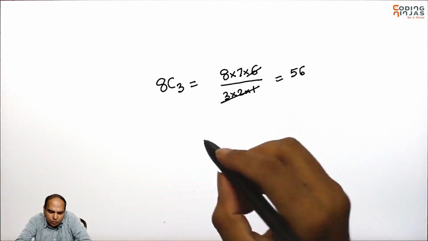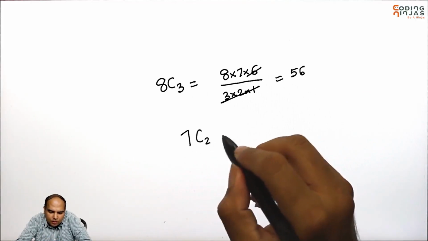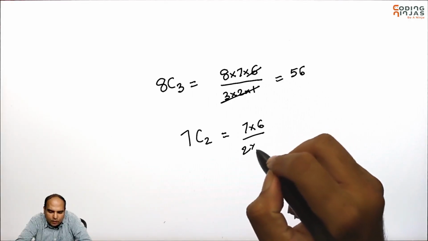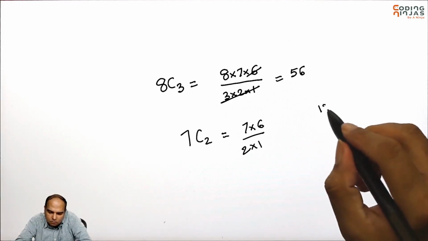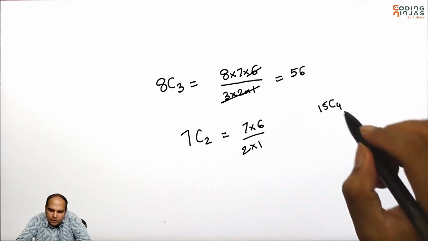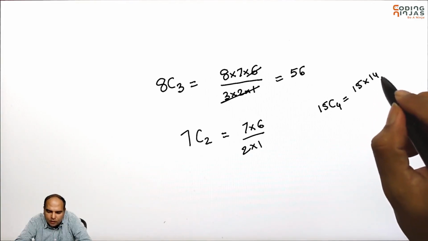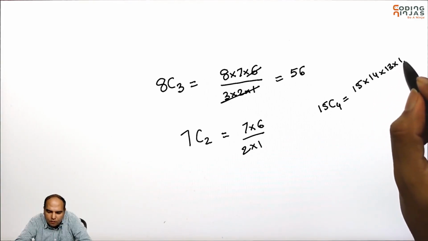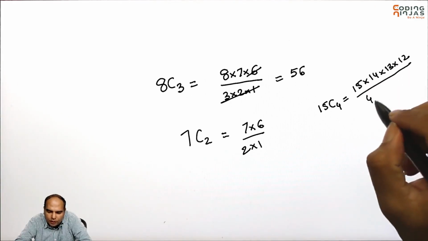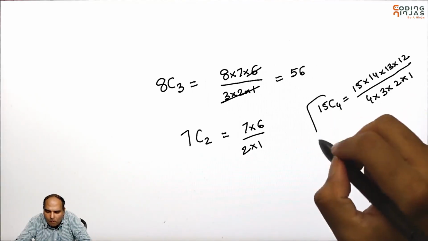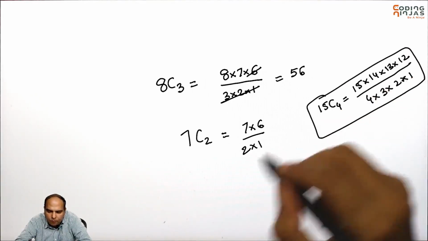So what did we do? A 7C2 can be written as 7 into 6 upon 2 into 1. A 15C4 can be written as 15, 14, 13, 12 upon 4, 3, 2, 1. Right?